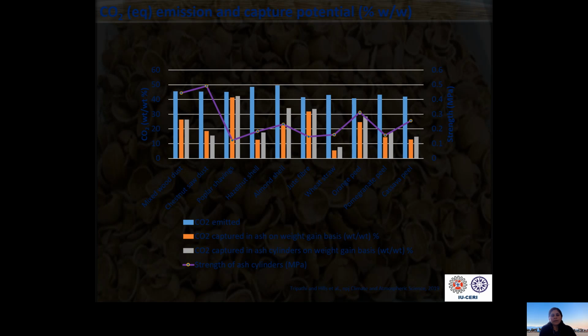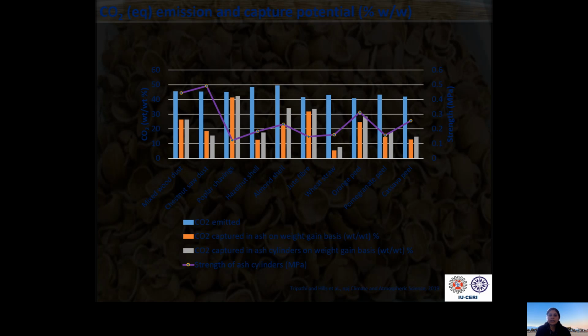This graph shows the CO2 emission and CO2 capture potential aspect of our work with our materials. We calculated that CO2 emitted and CO2 taken up by many of these ashes were quite in the same range. However, the mass loss during thermal decomposition is much greater than the gain during carbonation of the ash.